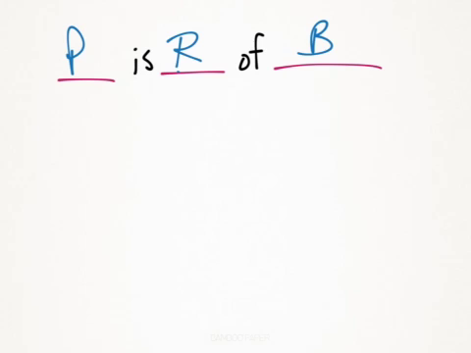So if you remember that the numbers come in this particular order, P, R, and then B, it's going to save you a lot of trouble in the future.